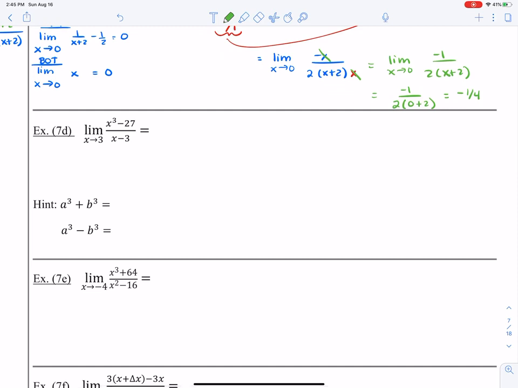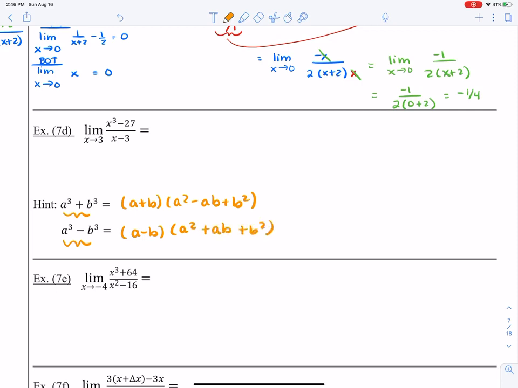We've got a couple more examples where we're going to factor and cancel. What I will remind you of is you guys are actually going to need to remember your sum and difference of cube formulas from Algebra 2. So sum of cubes factors into a plus b, a squared minus ab plus b squared, and the difference of cubes factors into a minus b, a squared plus ab plus b squared.